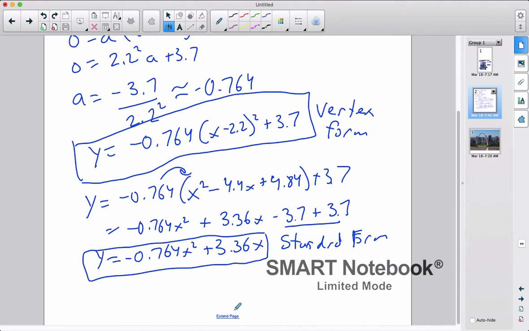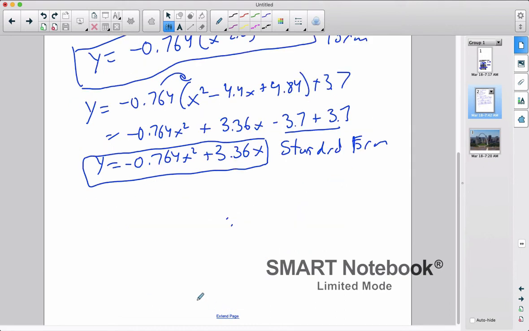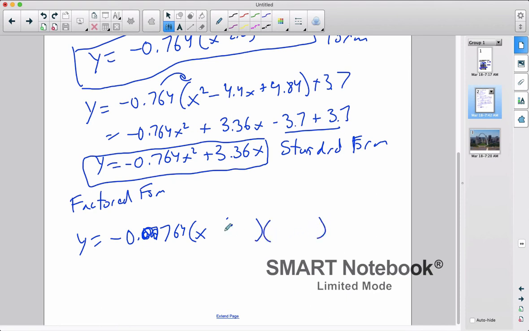Now for factored form, it's always the same a value, so it's going to be negative 0.764 times x minus, then we get the x-intercepts.